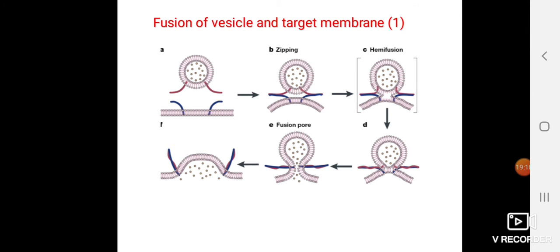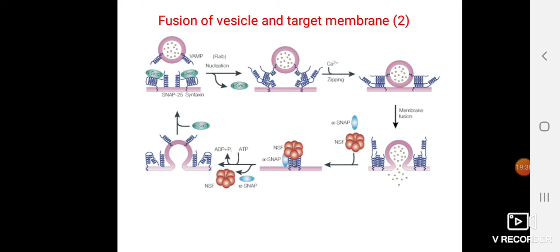Zipping, hemifusion. Hemifusion is a state wherein the outer leaflet of the vesicle membrane and the plasma membrane fuse, then the fusion of the inner layer takes place, then the fusion pore forms and enlarges.